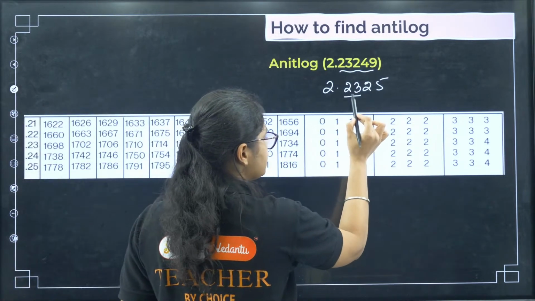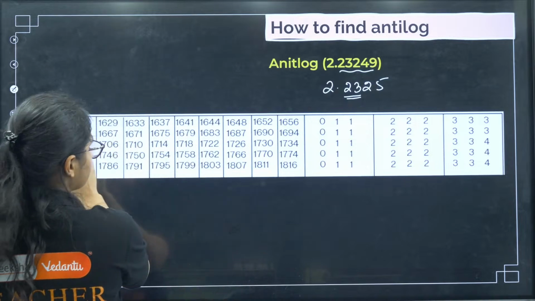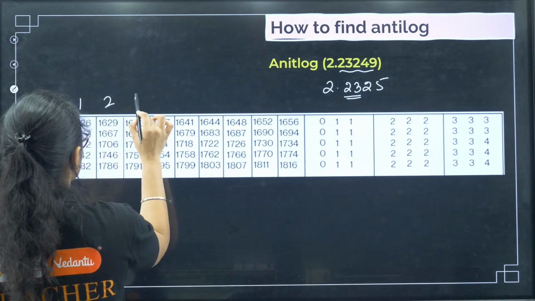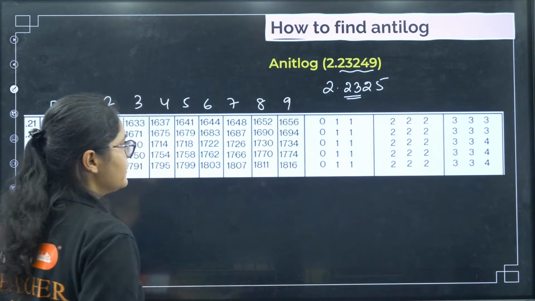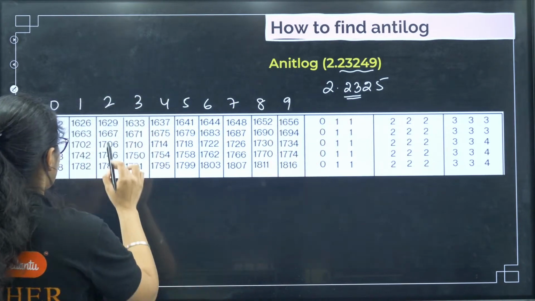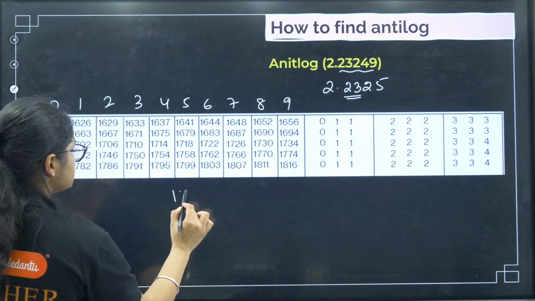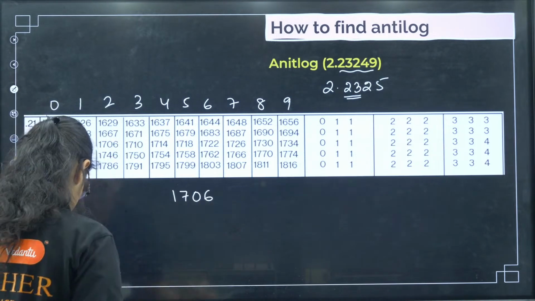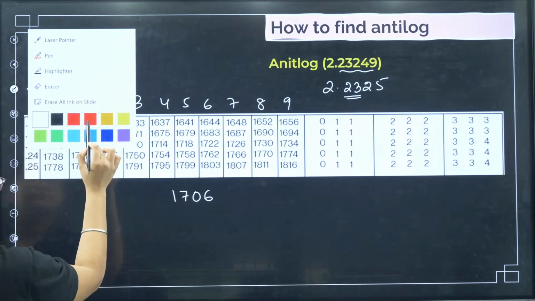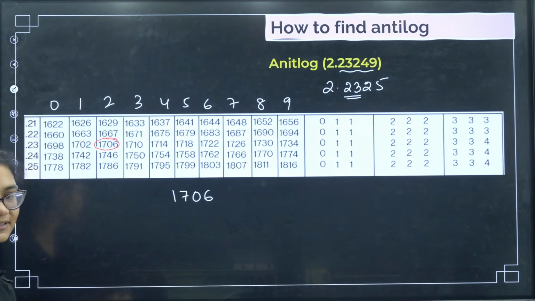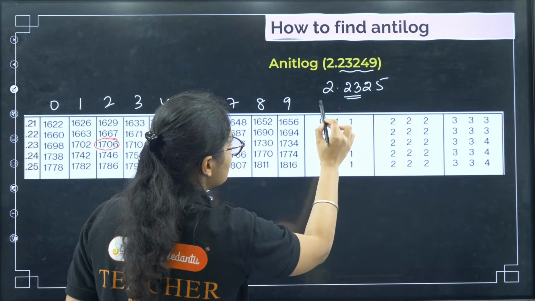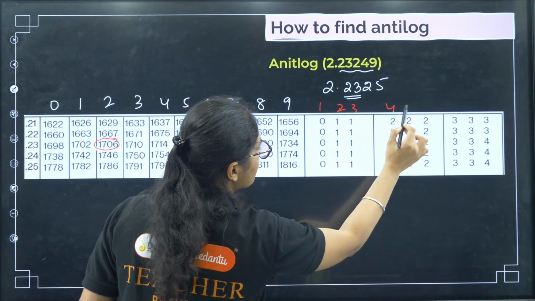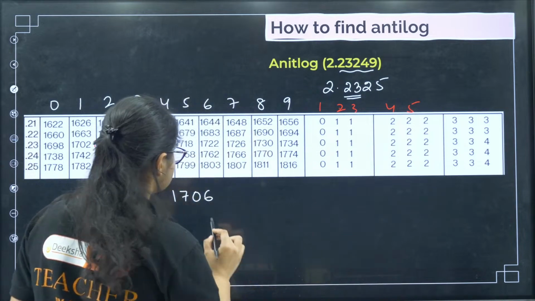Then you have to check the first 2 digits. 0.23, columns 0, 1, 2, 3, 4, 5, 6, 7, 8 and 9. Okay, so 0.23, then I have 2, so I have 1706 here. Now after that we have the fifth number, so that is your 2.